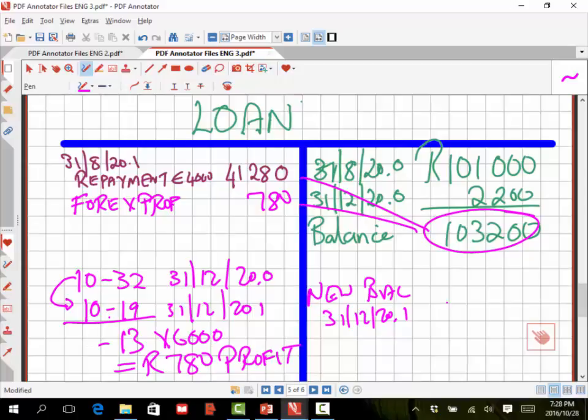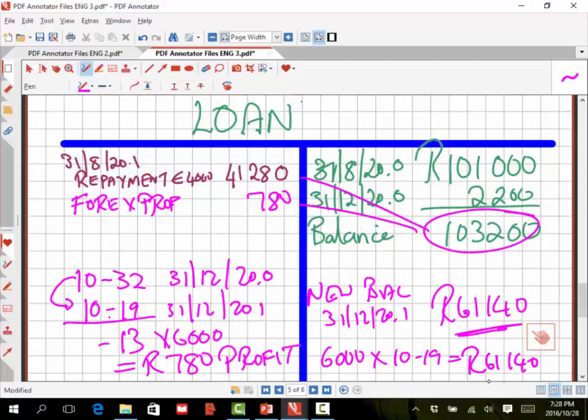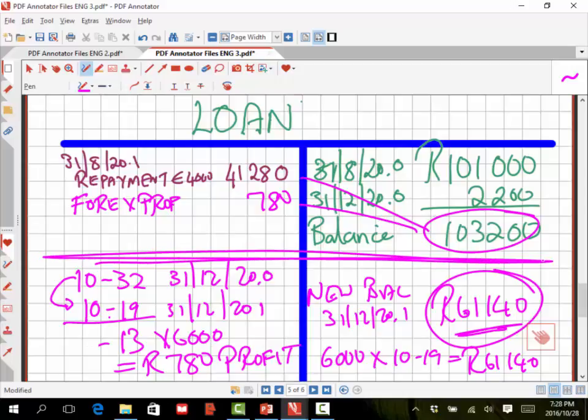We get to 61,140. That will be the new balance of this account. And how can we test that? The 6,000 must be stated at the new rate of 10 Rand 19 equals 6,000 times 10.19, and your answer is 61,140. So we know that our calculations have been done correctly.